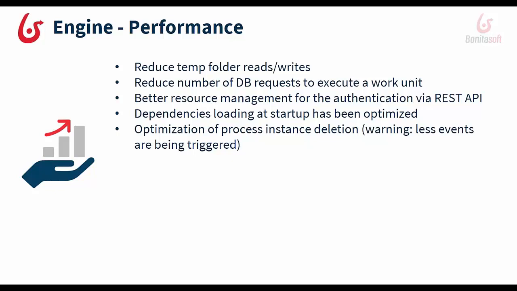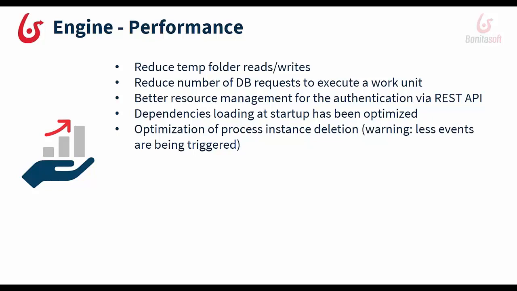The only drawback about that is because the slowness was not really the execution itself, but the events that we triggered based on this deletion. Let's say you delete a process instance. This process instance has maybe 500 tasks that have been performed inside. It means that maybe we need something like 500 events to be triggered and processed.